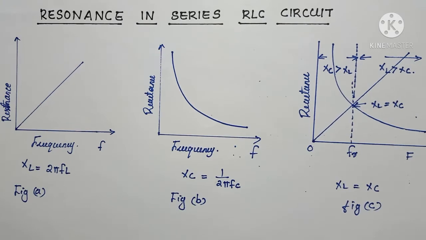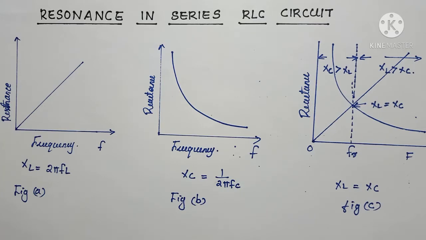What are they? First case, if XL, the inductive reactance, is higher than the capacitive reactance, then the circuit will be inductive in nature. We studied that. And if the capacitive reactance is higher than the inductive reactance, that is XC is greater than XL, then the circuit will be capacitive.